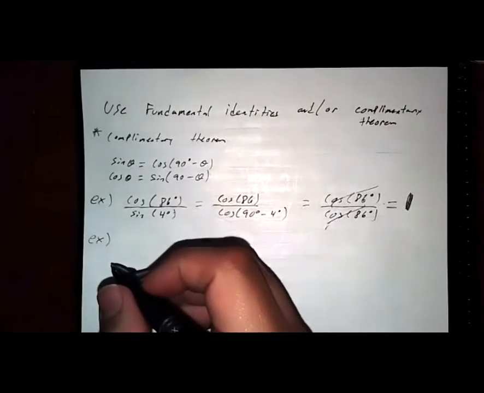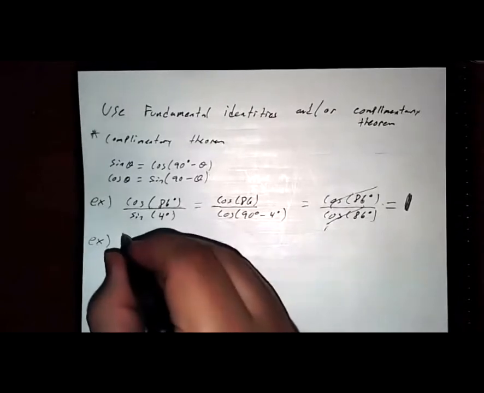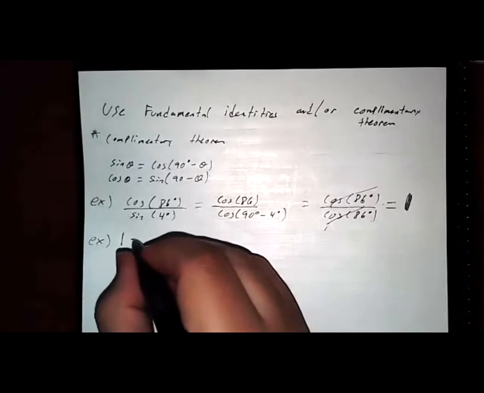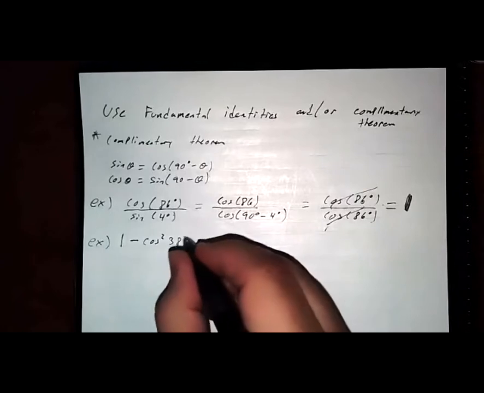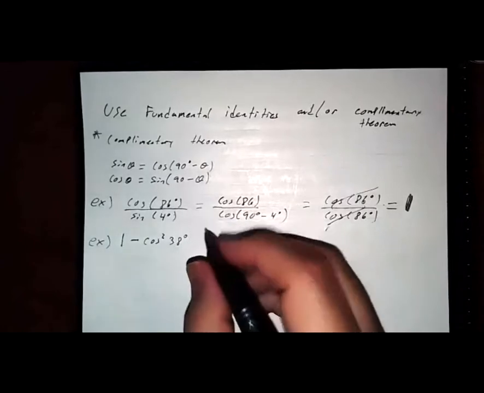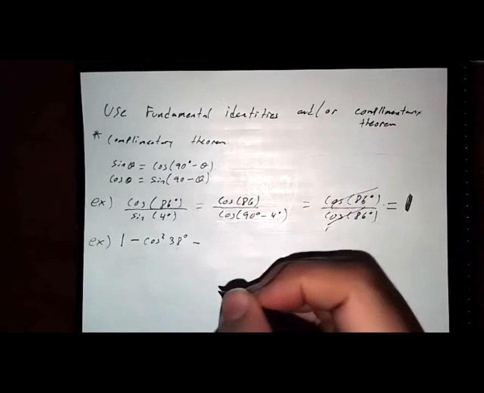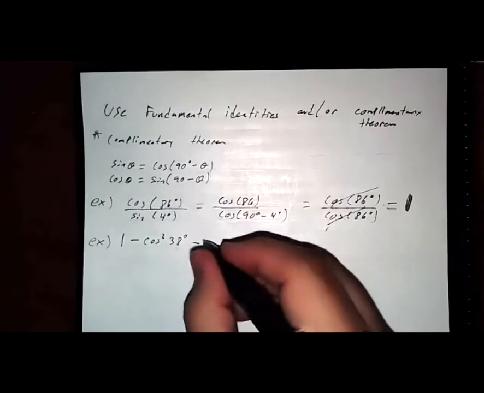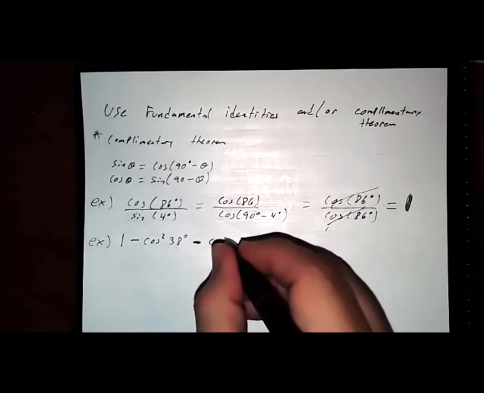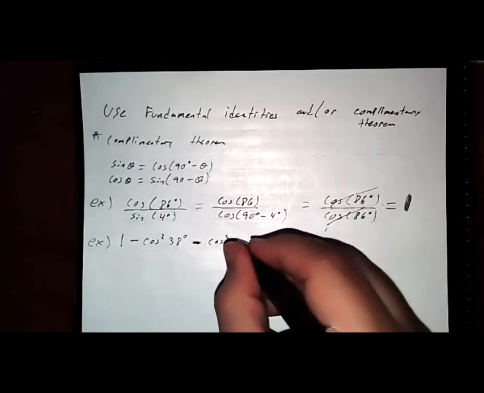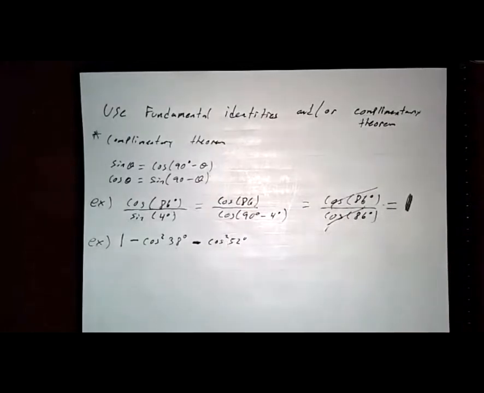Cool. Let's do a different one. So 1 minus cosine squared of 38 degrees minus, let's see here, cosine squared of 52 degrees. You see the angles sum up to 90, right?